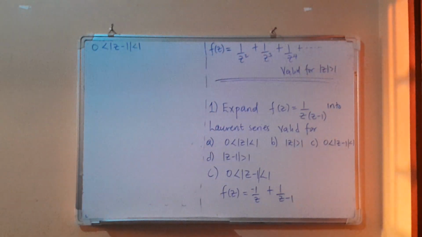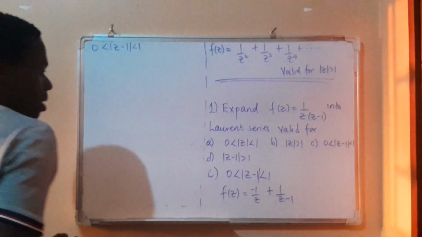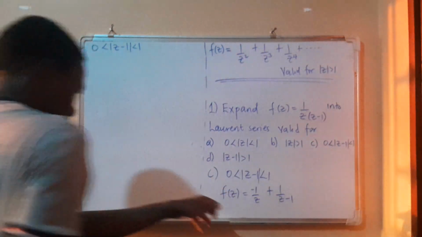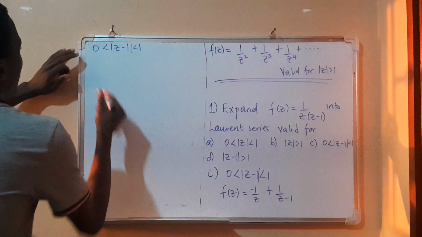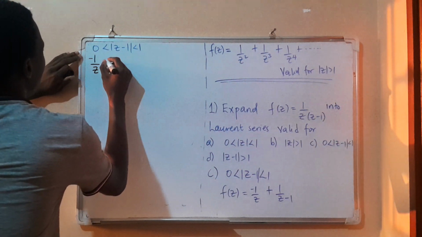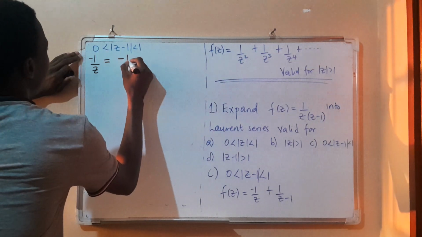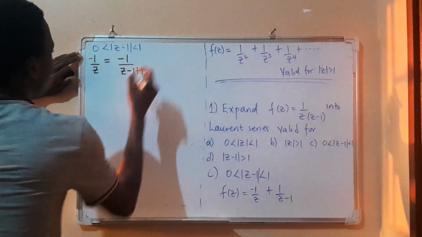What does it require us to do? We want to obtain the series representation about z equals 1. So we are going to only deal with this alone. We are going to rewrite negative 1 over z. This is equal to negative 1 over z minus 1 plus 1.